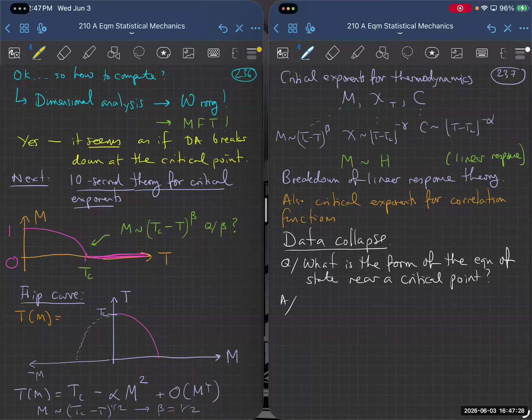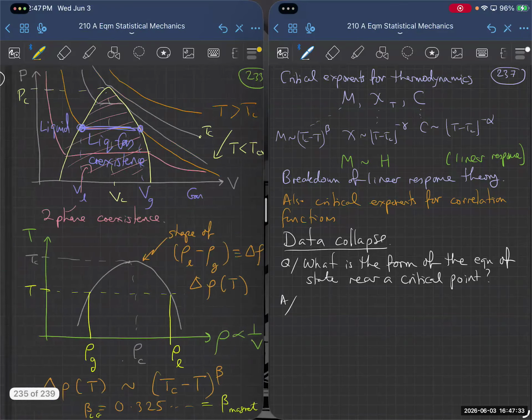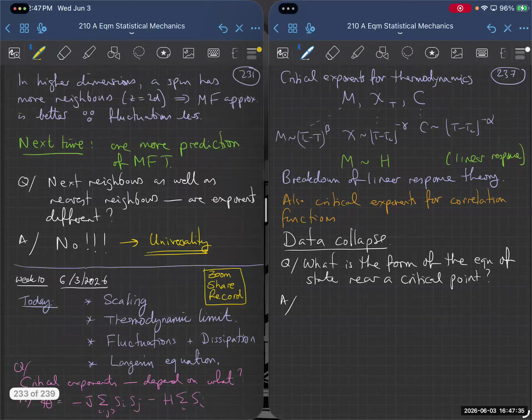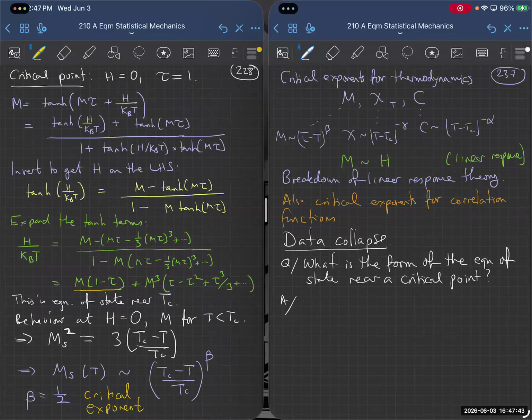And we kind of already did the work, because in the last lecture, when we derived the susceptibility, I derived for you the equation of state. Remember, here was the equation of state on the left-hand panel in green in the middle of the page. We wrote out the exact mean field theory equation of state: hyperbolic tangent of h over kT is some big mess on the right-hand side in terms of m.